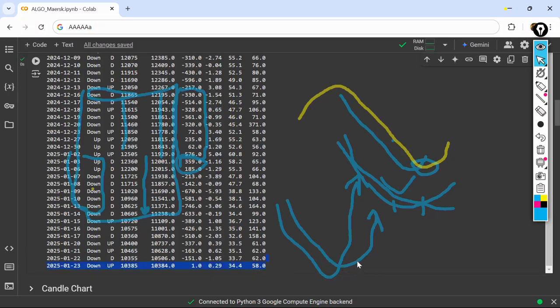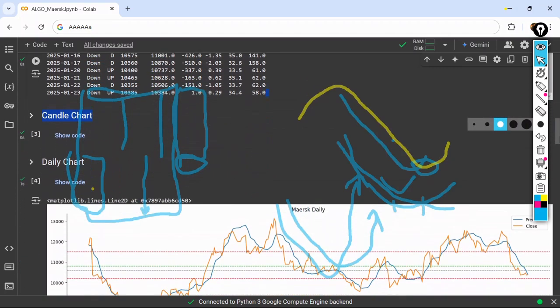Maybe it will come down and go along with the regression, or maybe it goes down and then the regression chases the closing price. It can also happen, but this is the signal we can see from past patterns. So we can say on 23rd of January we are going into the uptrend. This is a very interesting strategy.